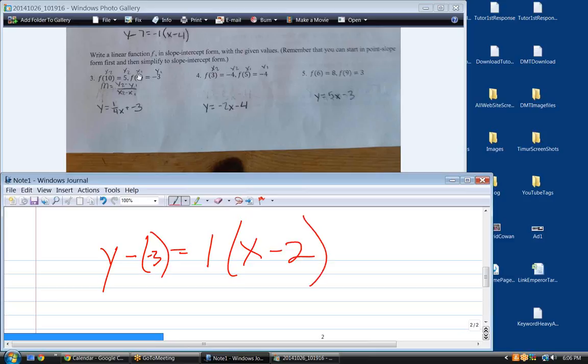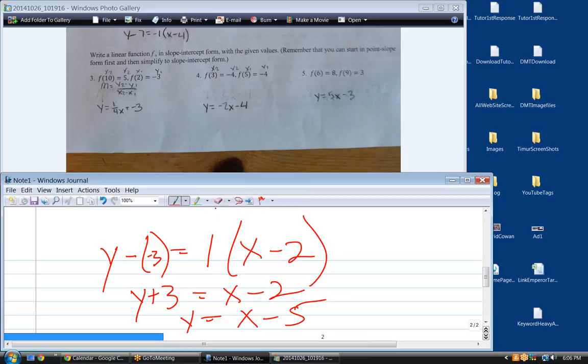I'm going to use this point here, x1 and y1. And now if you solve that, it's y plus 3 equals x minus 2, or y equals x minus 5. So that's the answer for 3.